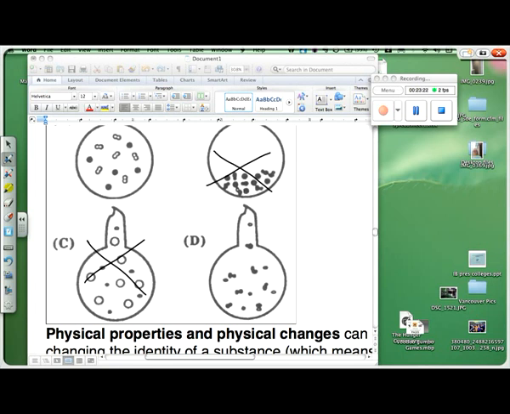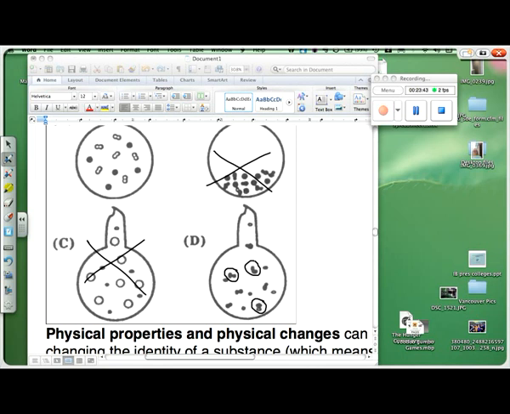Really hard to tell with D. It looks to me like these particles here, this one and this one, are not the same.